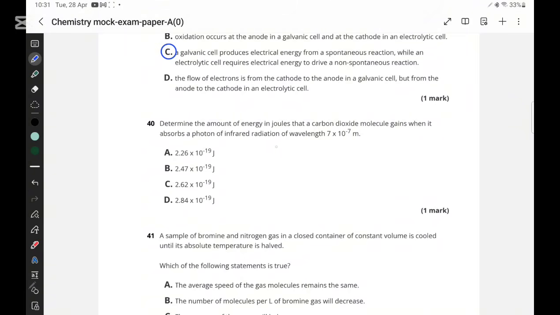So we have a formula, energy is equal to Planck's constant times frequency, and frequency is equal to c over lambda, which is wavelength. h is 6.6 times 10 to the power minus 34, and c is 3 times 10 to the power 8, while wavelength is going to be 7 times 10 to the power minus 7, and the answer that comes out to be is 2.84 times 10 to the power minus 19 joules. So our answer is going to be D.